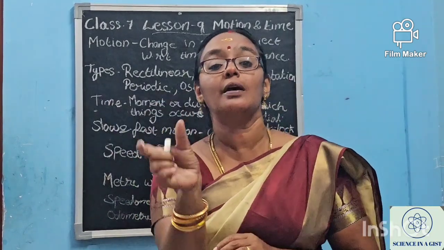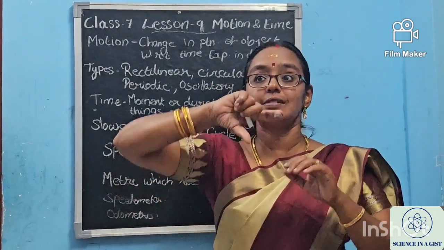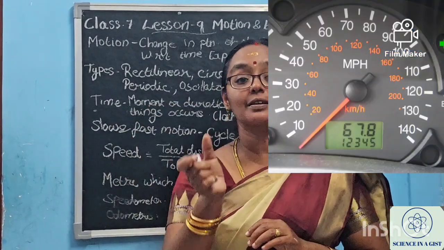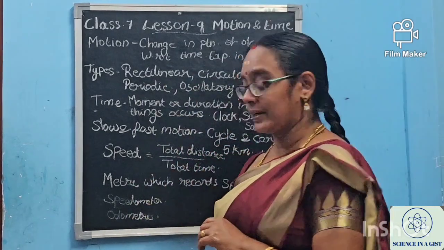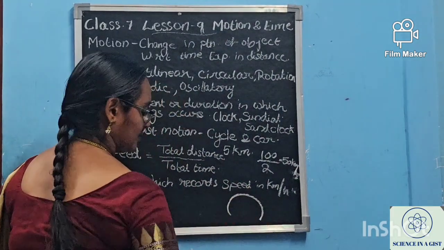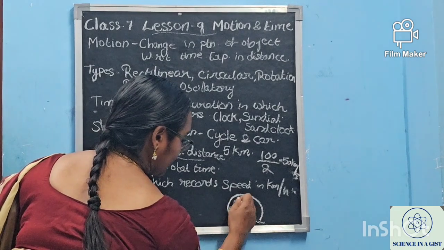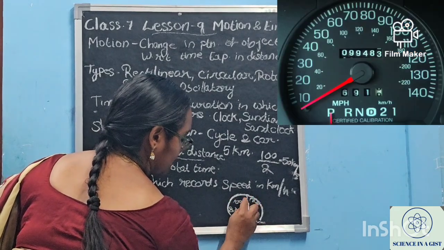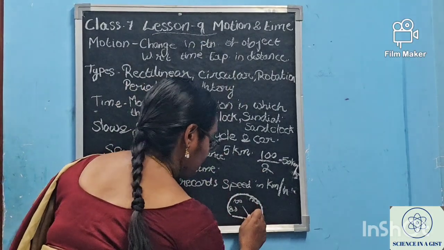Okay. When we are talking about a car or bike or whatever it is, have you seen something circular in the dashboard? Something circular or half circle like that, in which something has been written. It will be like this, and it will be written 80, 100, 120, like that. And there will be a pointer also.